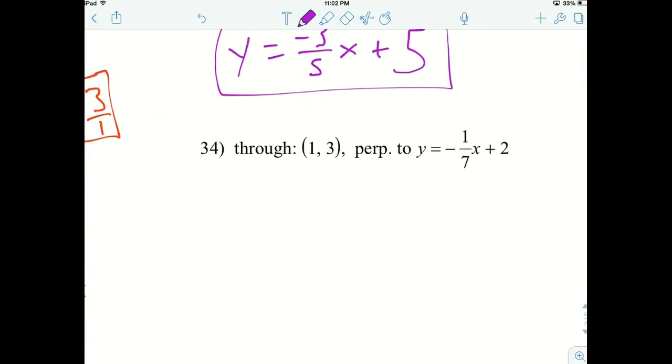And then a final example, again it's perpendicular, so we are going to look at the slope we were given and we are going to modify it by taking the opposite reciprocal. So the opposite of a negative is positive, the reciprocal flips it over to 7/1. So our new slope is 7/1.